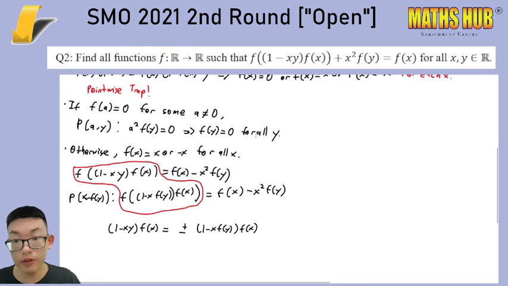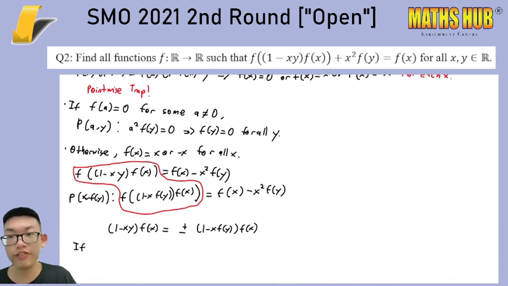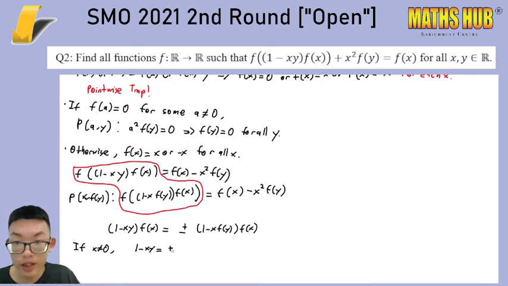Now, if we suppose that x is non-zero, then we can cancel off f(x) because we have established that it cannot be 0, otherwise everything is 0. So we cancel off f(x), and now we're left with 1 minus xy equals plus or minus (1 minus x f(y)).